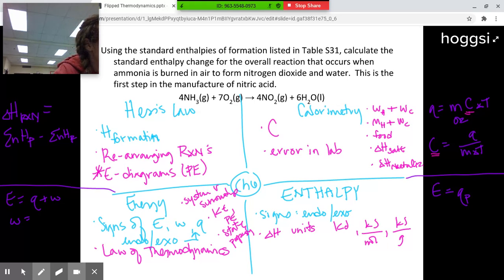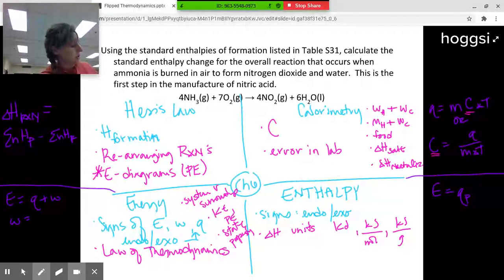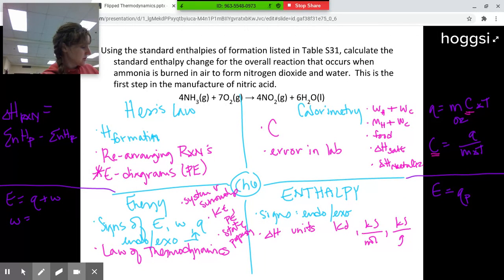That's a pretty good list. And can anybody else think of topics that we should sort? Oh, there is another equation. The enthalpy equals energy plus PV.